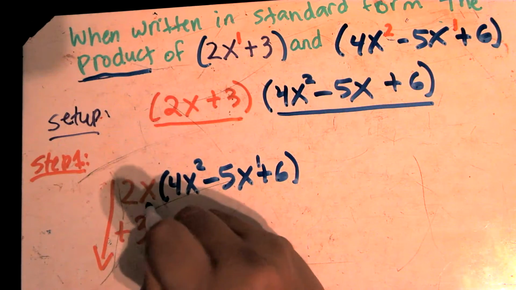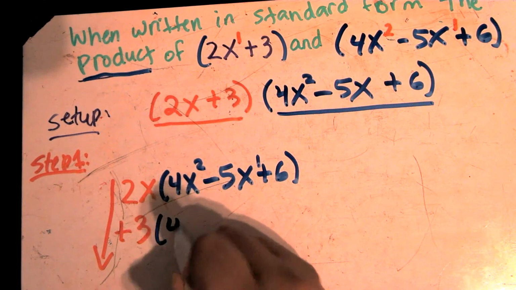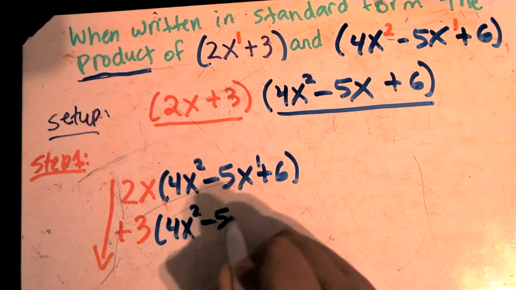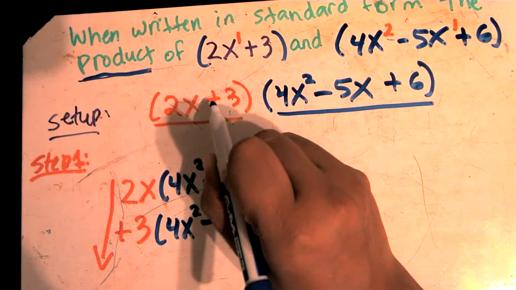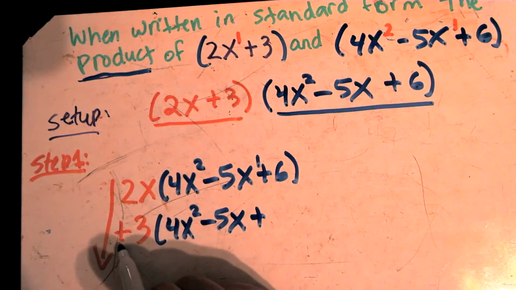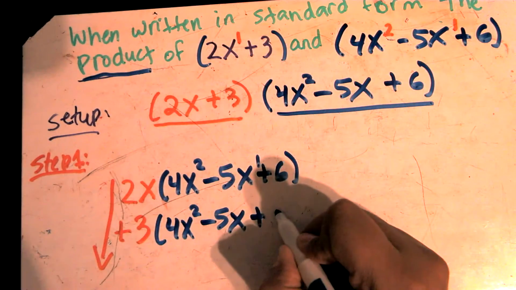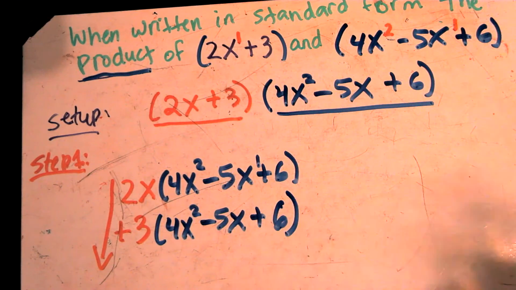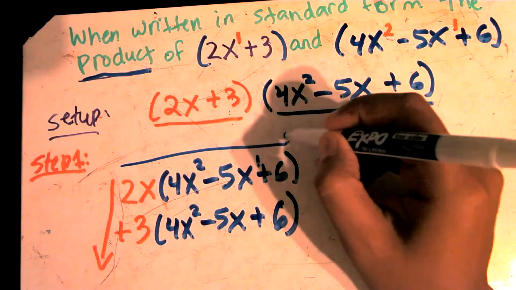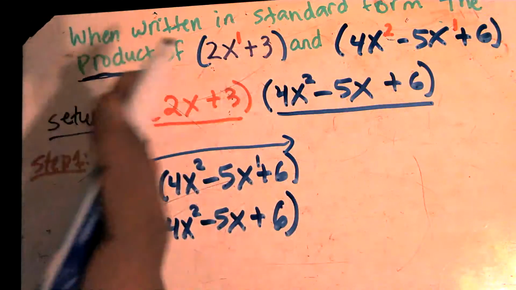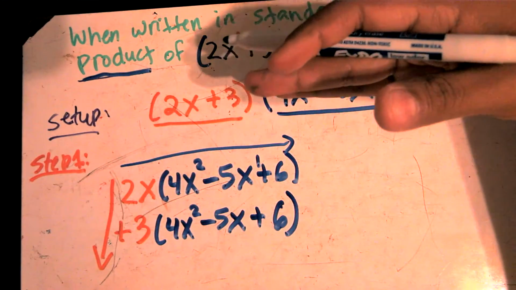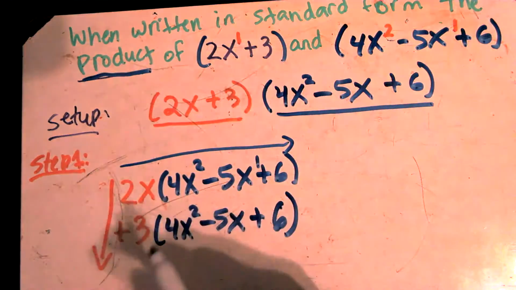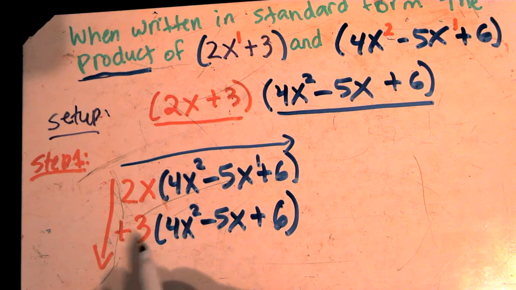It's going to be next to the 2x and next to the plus 3. If this had been a minus 3, I'd bring down the minus from minus 3. Okay? So one polynomial gets rewritten going vertically, and the other one gets rewritten multiple times next to the terms going vertically.